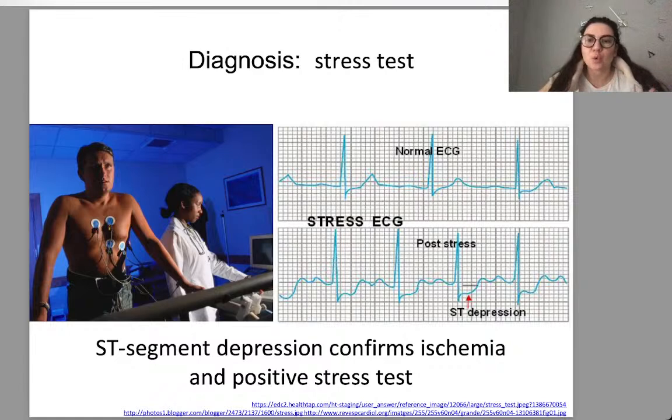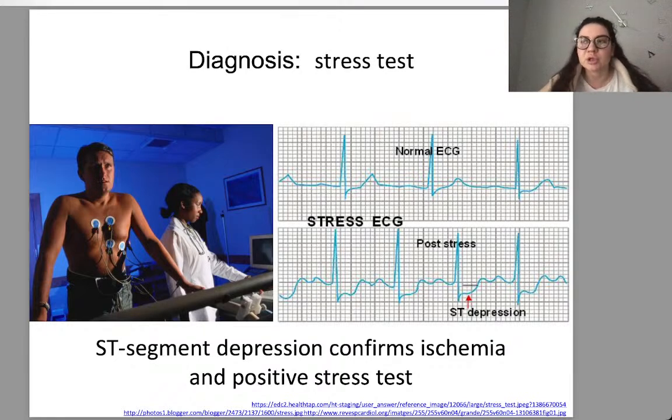To record and put a correct diagnosis, we have to give the patient some physical activity, some stress, to provoke ECG changes, to provoke angina changes, fix it on ECG and put the diagnosis of stable angina, for example.